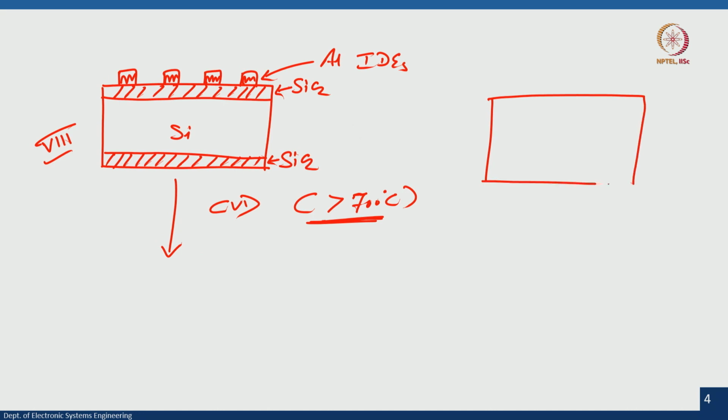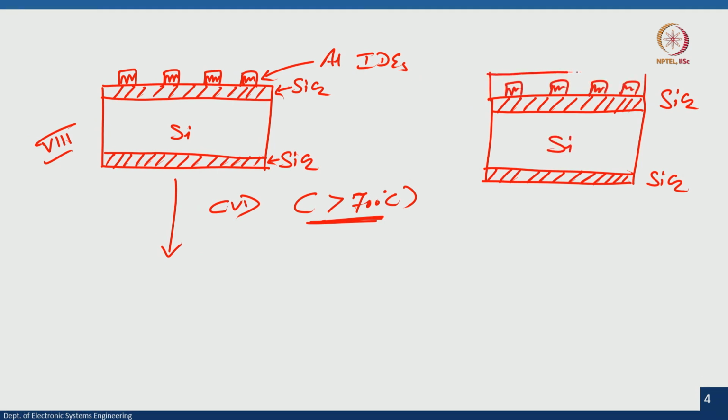I want my aluminum interdigitated electrodes to be covered by silicon dioxide. Now, this is our silicon dioxide. The dotted region is silicon dioxide that I want on this particular aluminum interdigitated electrodes.